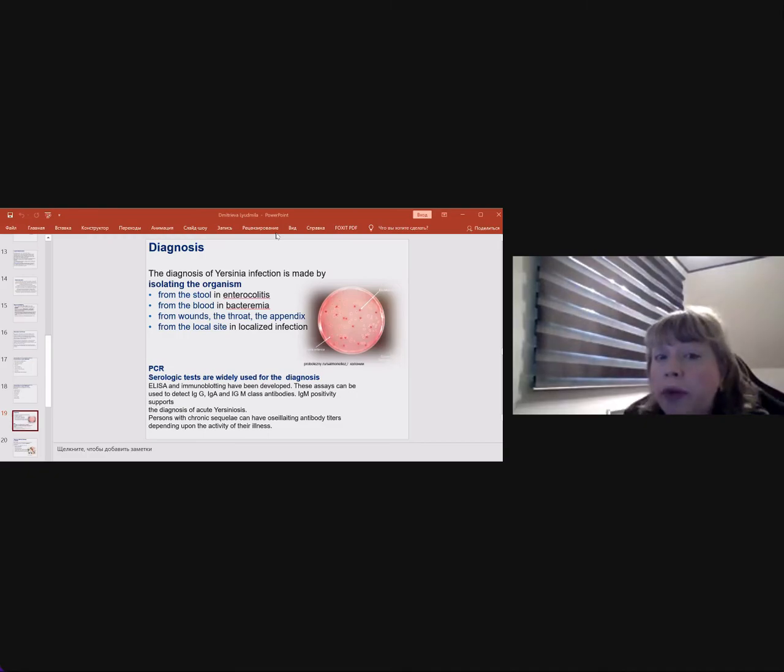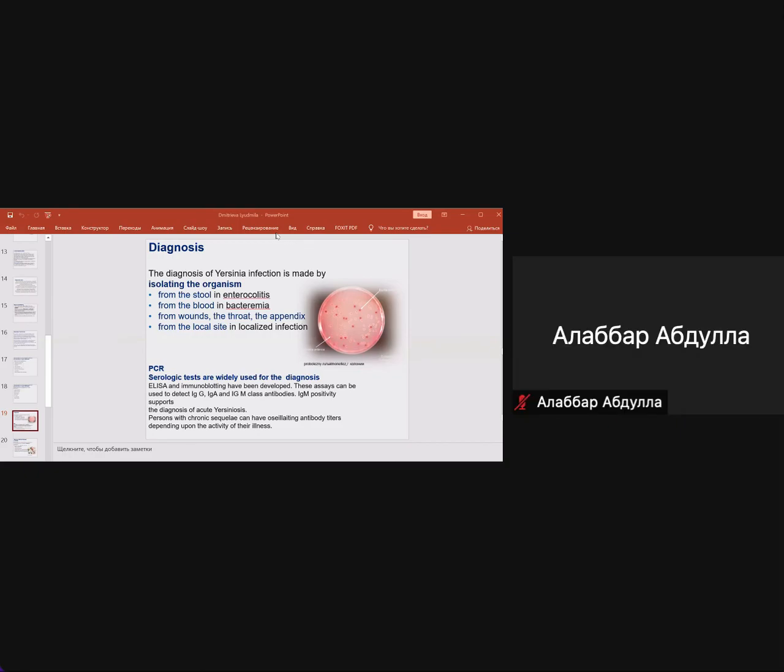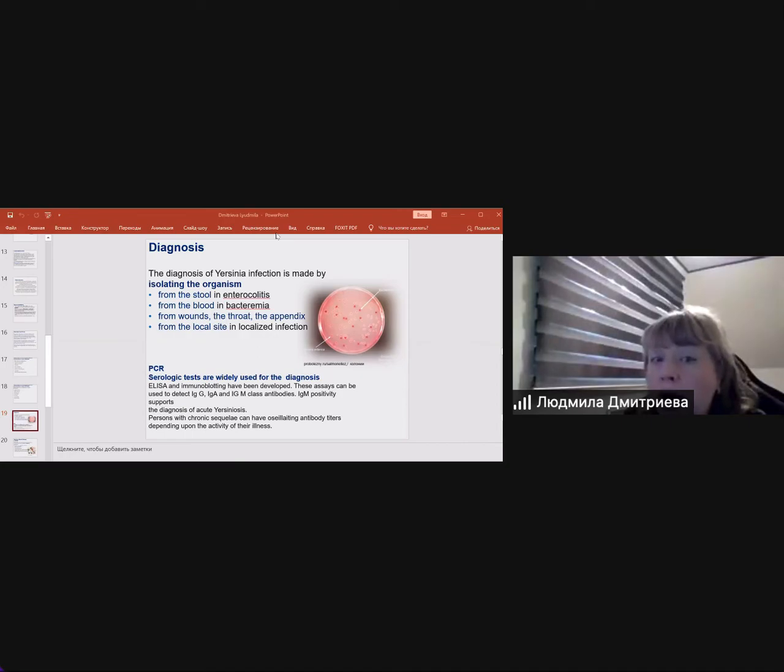And doctors, you know that immunoglobulins A are the secretory immunoglobulins, and if the patient has increased IgA and IgM immunoglobulins, it usually indicates acute Yersiniosis. Persons with chronic sequelae have oscillating antibody titers depending upon the activity of their illness.